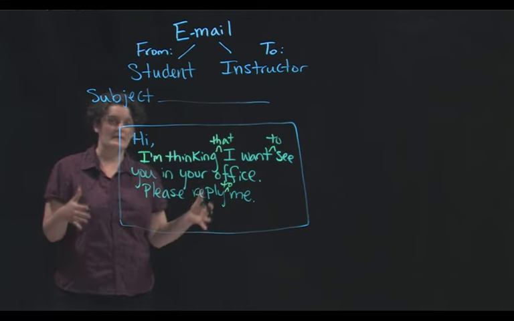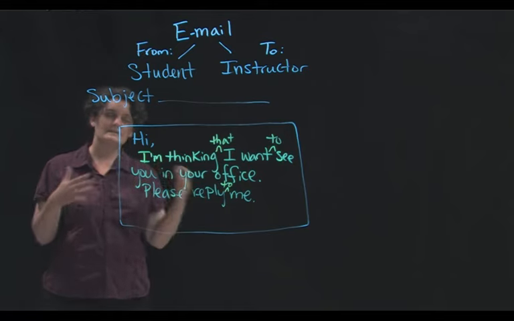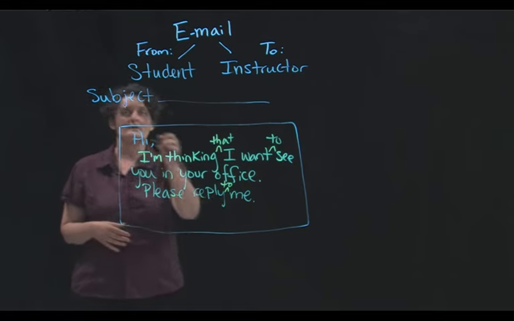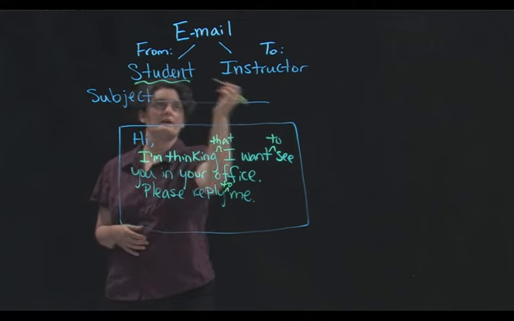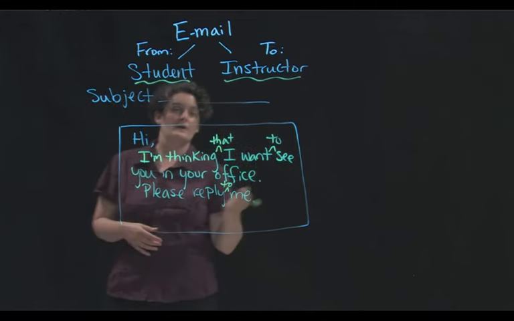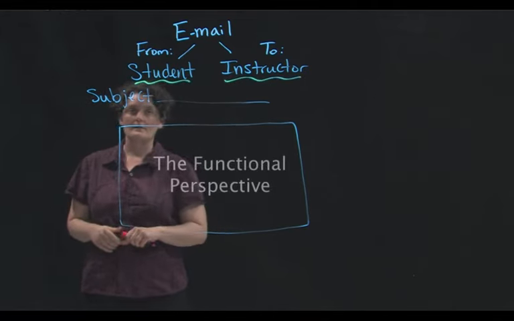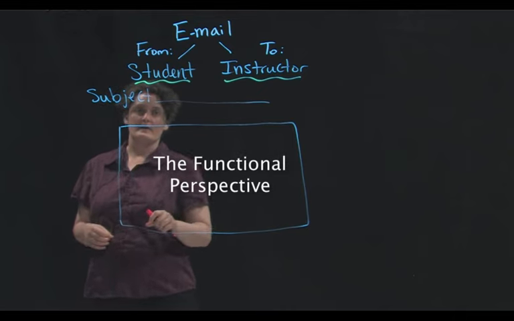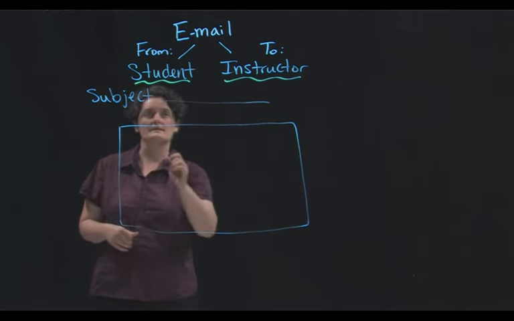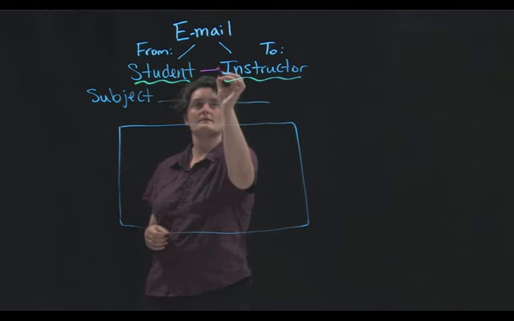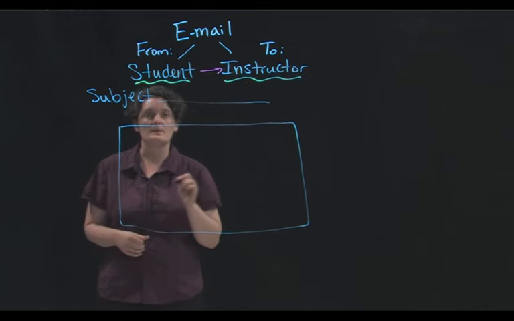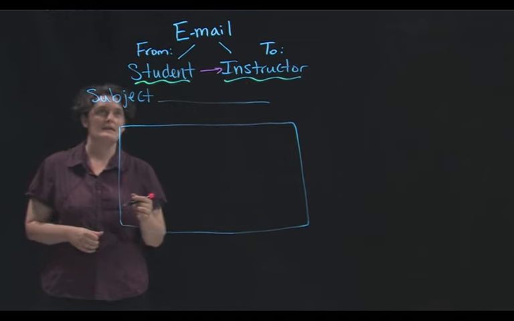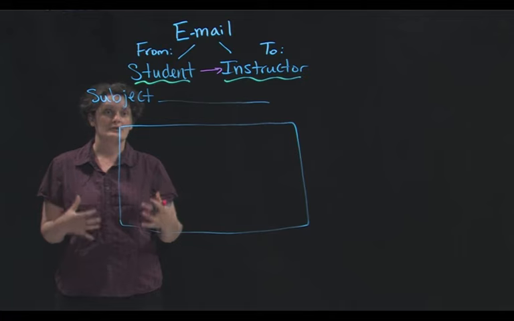Now we have an email that's grammatically correct, but there's still something wrong with it. If we look back, we can see that we have a student talking to an instructor. If we look at this from the functional perspective, we could try again. We know we have a student talking to an instructor, so we want to make appropriate choices thinking about the audience, the instructor.